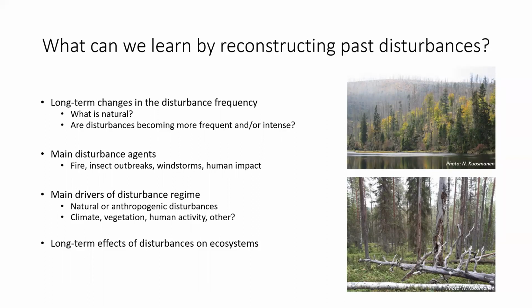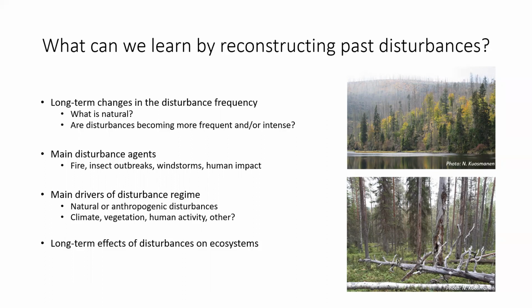So it is important information when we are looking into the ecosystems and how they are responding to the changes in the current environment. We can also look at the main disturbance agents, if there have been changes in different disturbance events, if there have been more fires in the past, and if it has changed, if it's more insect outbreaks, or if the disturbances have been natural or because of human impact in the landscape.